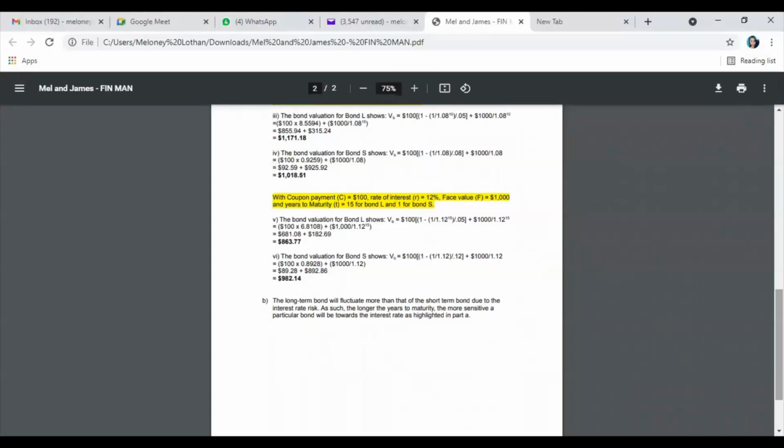We can just say the long-term bond will fluctuate more than that of the short-term bond due to the interest rate risk. As such, the longer the years to maturity, the more sensitive a particular bond will be towards interest rate, as highlighted in part A of this question. And Melanie will now be taking over for part B.